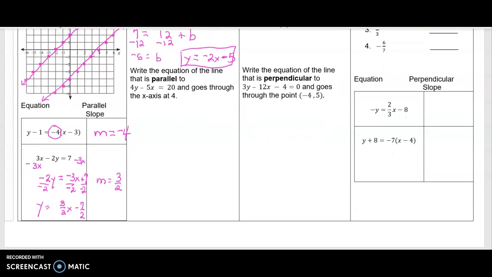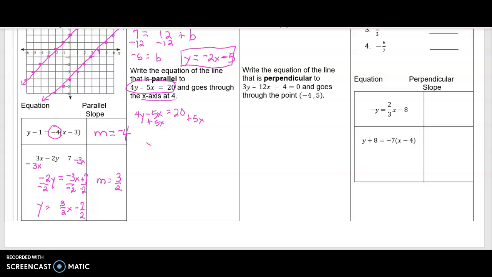Okay, let's move on. Write the equation of the line that is parallel to this line and goes through the x-axis at 4. Let's find the slope of this line. This line's in standard form, so 4y minus 5x equals 20. Let's find its slope. Let's add 5x to both sides.